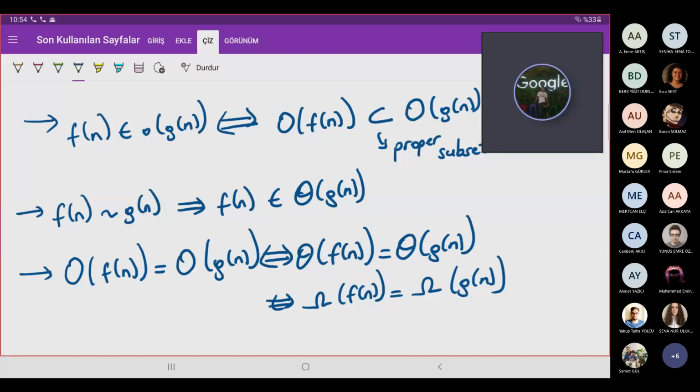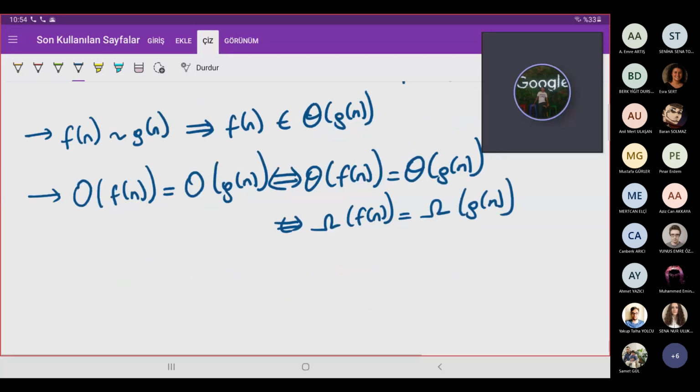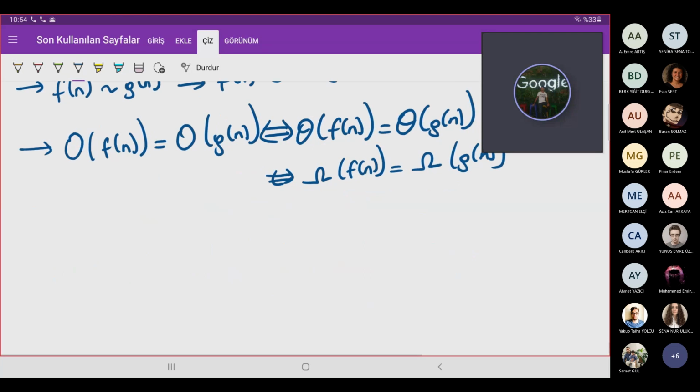Now I will continue with some other definitions and some remarks.